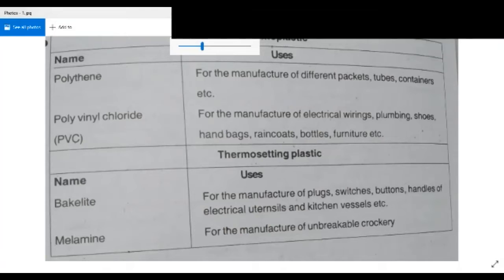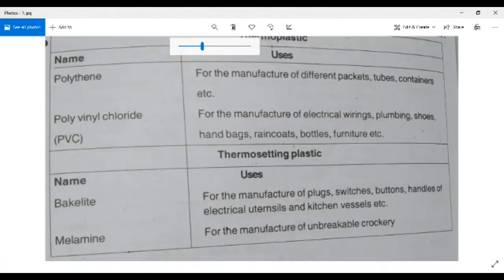The expansion of PVC is polyvinyl chloride. What is the use of PVC? It is used for the manufacture of electrical wiring, plumbing, shoes, handbags, raincoats, bottles, furniture, etc. So the very important one is the uses of PVC, polyvinyl chloride.